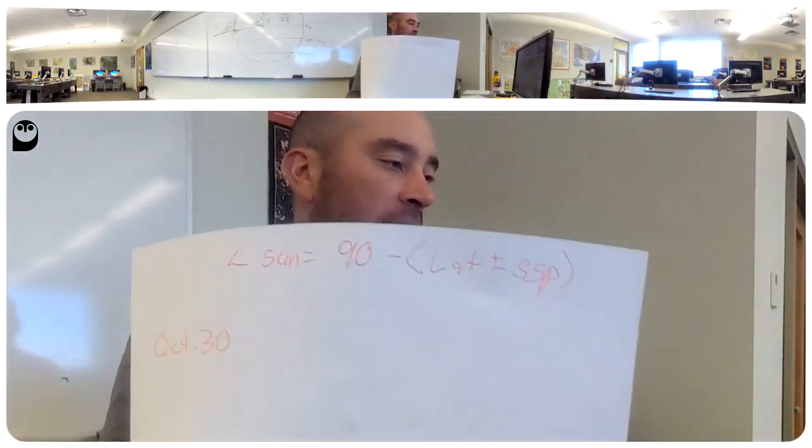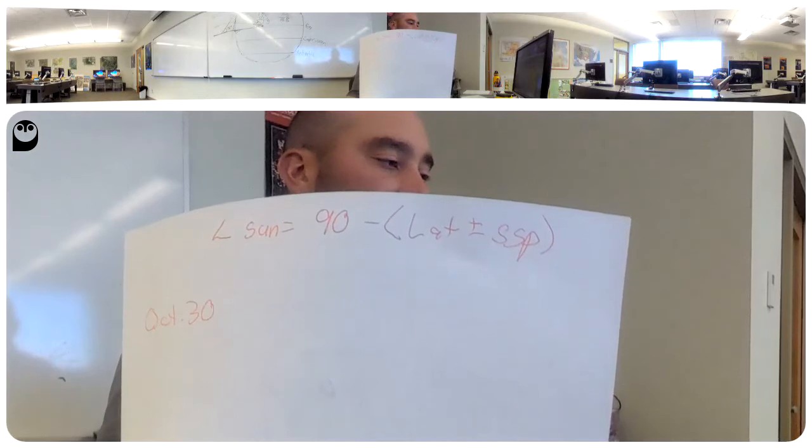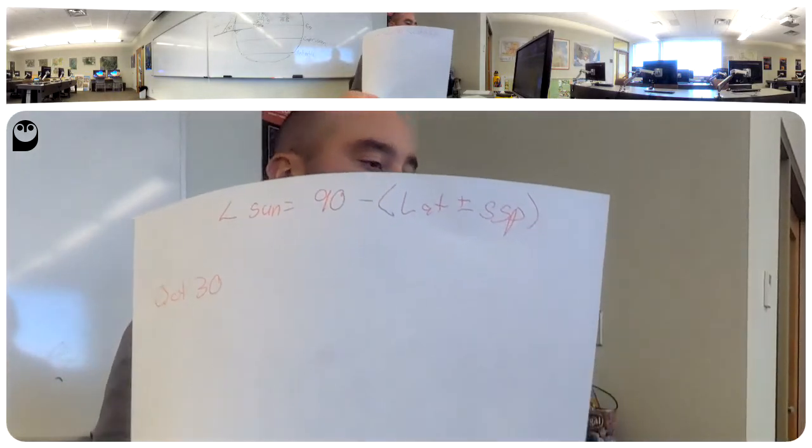I want to know what the angle of the sun is in Casper, Wyoming, and I'm just going to pick a date, October 30th. What is the angle of the sun in Casper, Wyoming on October 30th?